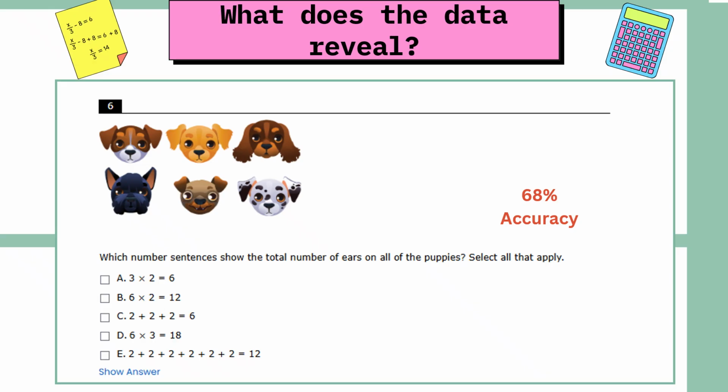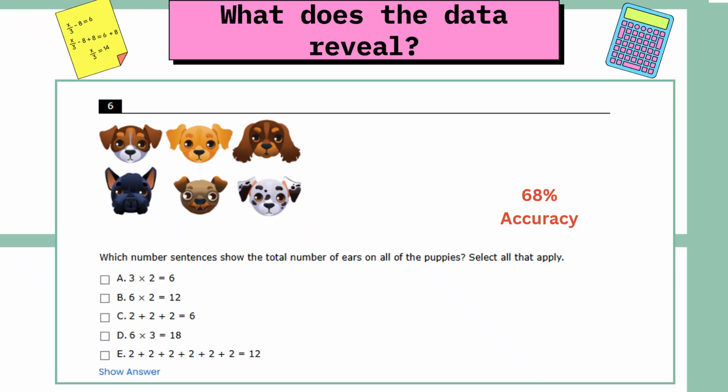Lastly, this question below also received low accuracy, with 68% of students being able to get it correct. Something that we noticed when looking at individual students and how they responded for the ones who did not get it correct was that they didn't understand the question completely. They looked at the dogs versus the dog's ears.